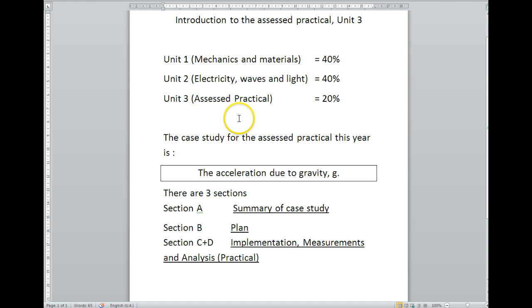That's one of the rules in the specification. So by all means ask lots of questions, but there can't be any work submitted as drafts, and all work is done once only and then submitted to Edexcel.